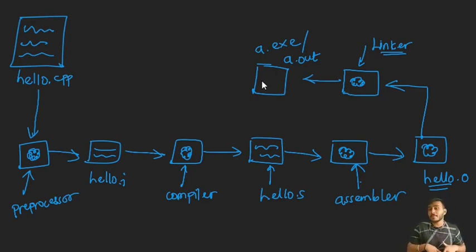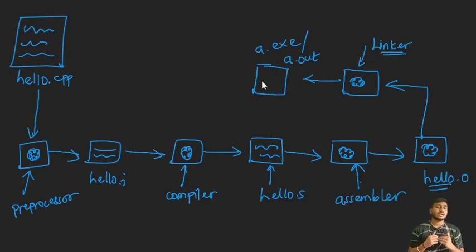Then we have the compiler, which is going to convert our C++ file into an assembly file. Then we have the assembler, which is going to take the assembly file as an input and convert it into a binary file, that is the .o file. Then we have the linker. The linker is going to attach the dependencies to our .o file, and finally it is going to give us an output, that is a.exe or a.out.